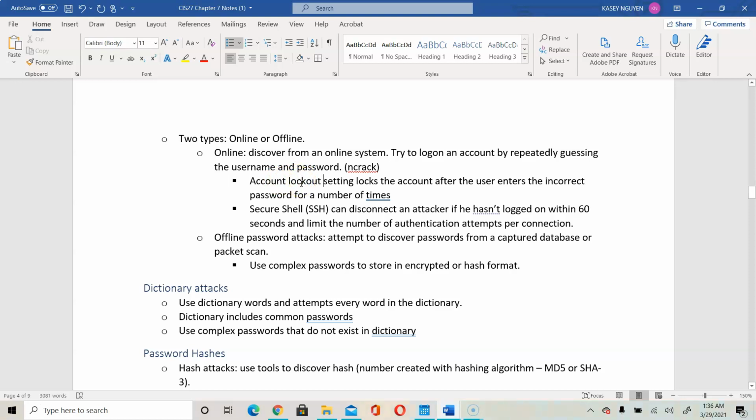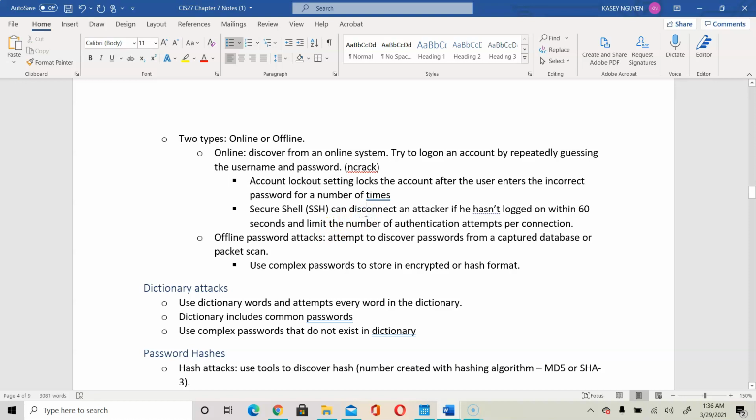This just slows them down. It doesn't deter the attack. So in that time, what we can do is look at logs. We can look at how we can better protect that particular user account. So account lockout only buys us some time.